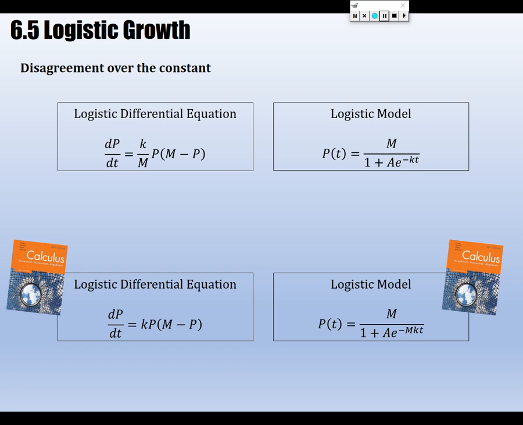If a problem gives you a number here, and you think of that number as k over m, everything will go great for you. Or if you think of that number as simply k, everything will also go great, and we'll all end up with the same solution. So it won't matter that much. If you look in the book tonight and see something totally different than what we gave in the notes, just know that they're both correct. Okay?